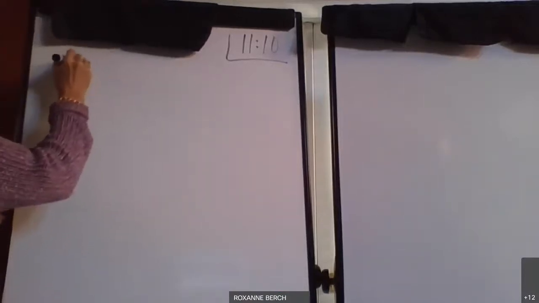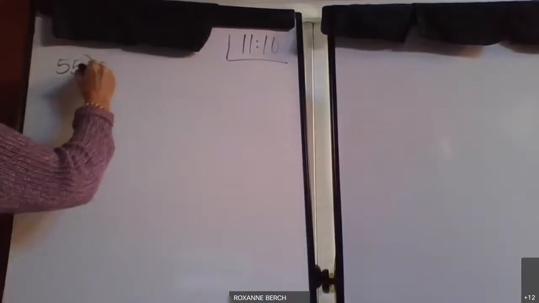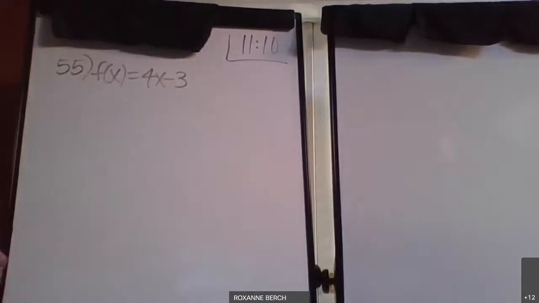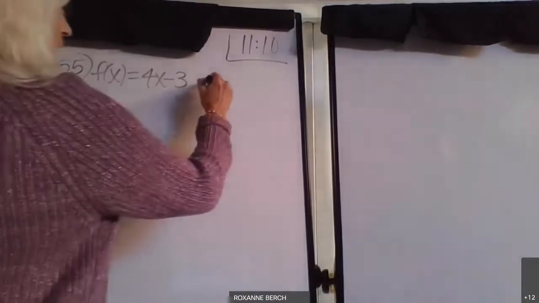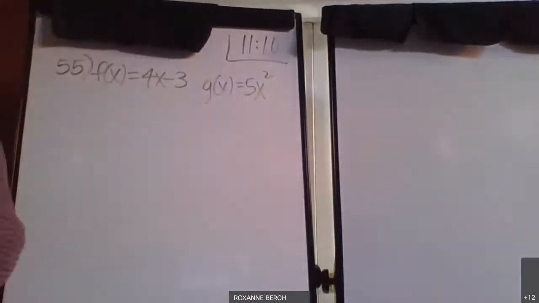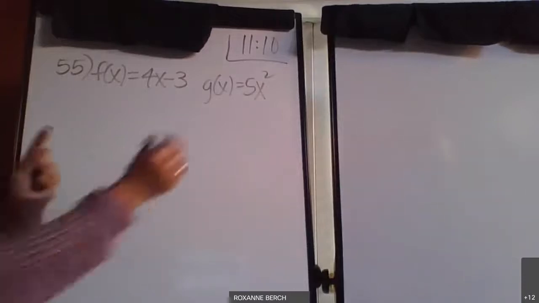All right, I'm going to do problem 55, and you're going to do an easier one. So 55 says that the function f is 4x minus 3, which is linear, and the g function is a quadratic, 5x squared minus 2.